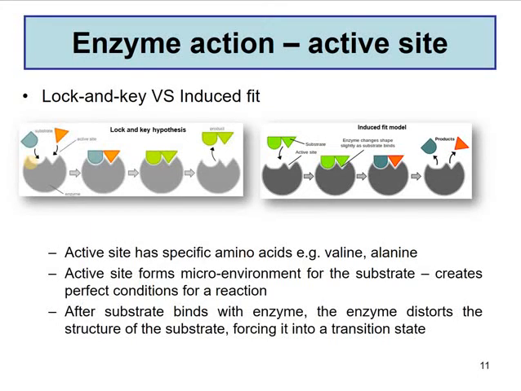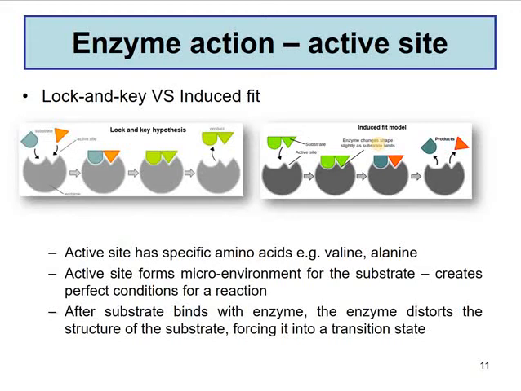The substrate has the perfect shape to the active site of the enzyme. And in that way, that is why when the substrate gets in there, it just fits in automatically and then the reaction takes place. However, in terms of the induced fit model or theory, they have hypothesized that the active site does not have the exact shape as the substrate.